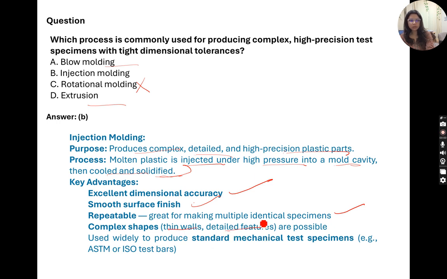It is also widely used for standard mechanical test specimens like ASTM or ISO test bars. So this is the technique we use for forming test specimens. I hope this is a very clear topic, a very easy one too.